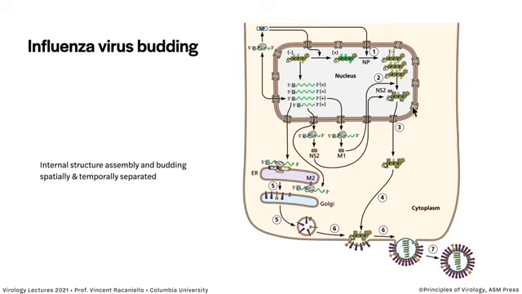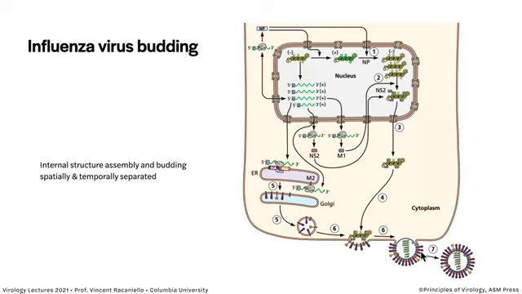So the RNP is made in the nucleus, gets transported to the plasma membrane, and there the glycoproteins have been inserted, the HA, the NA, the M2 ion channel, and then the HA for influenza virus drives the budding. The particle forms and pinches off. The pinching part we'll explore in a moment, how that happens. And now you have a new infectious virus.